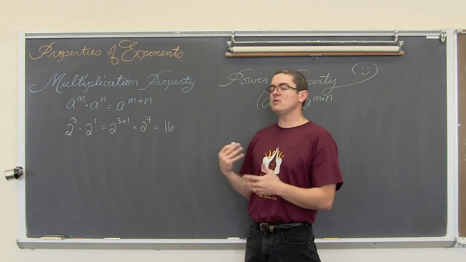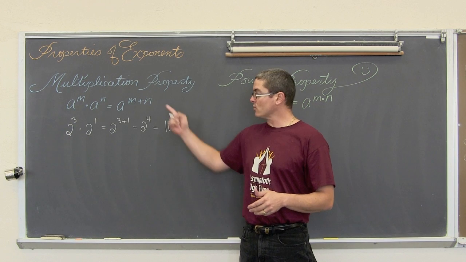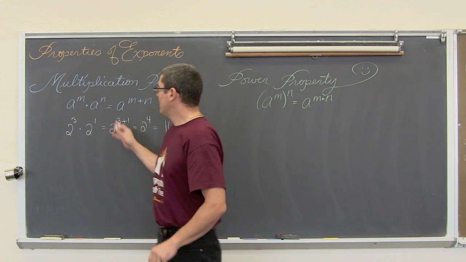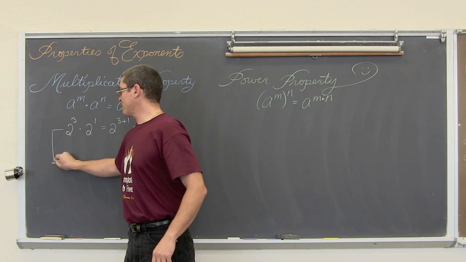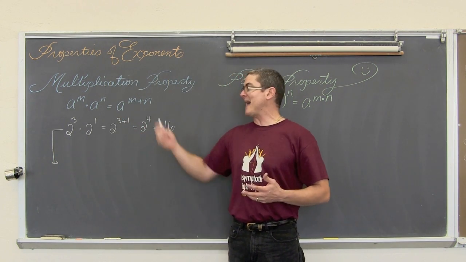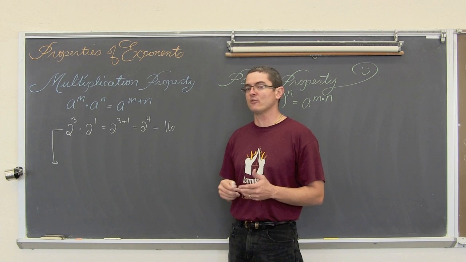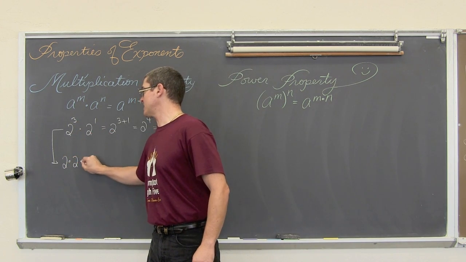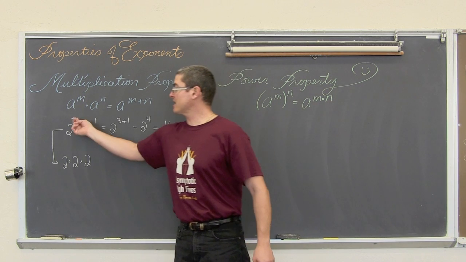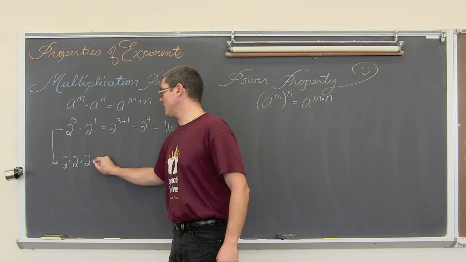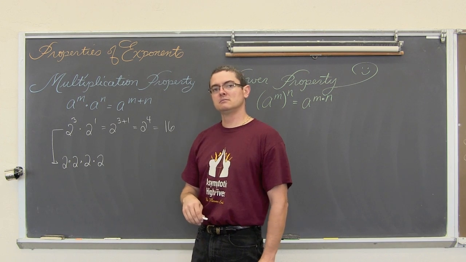Now, let me show you, again, that this rule actually does work. This is only an example, it's not a proof, but I want to rewrite this in another fashion. I want to take 2 to the third and multiply it by 2 to the first without using the multiplication property for exponents. Well, 2 to the third is 2 times 2 times 2. The exponent tells you how many times to write the base. And 2 to the first is just, well, 2.